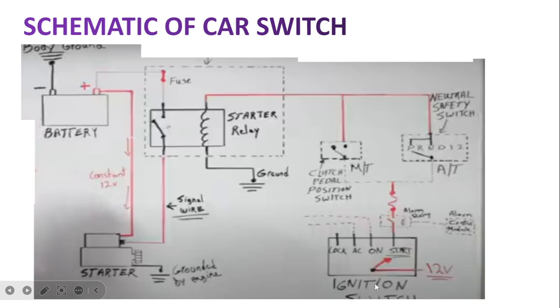Now this is the ignition switch, our car switch. Here is the lock. When we turn it, on the first turn the steering wheel is unlocked, and secondly ACC means accessories, some accessories are getting on, right? In the second turn we can use features like on-off lights, locking of doors, and up and down of the door glasses.